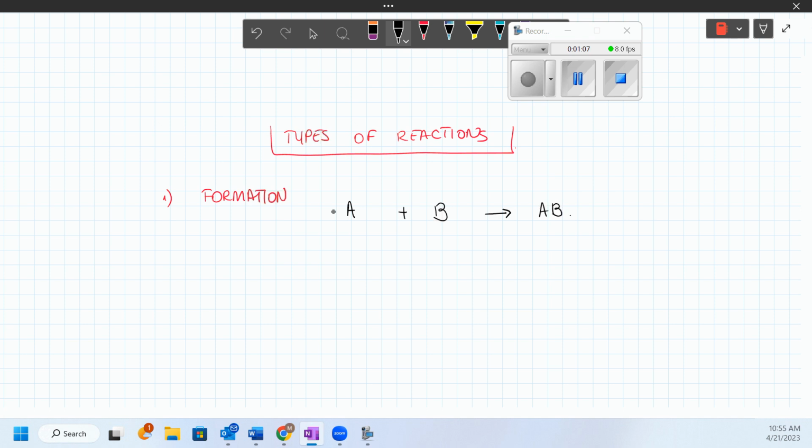An example for that will be, let's suppose, sodium and chlorine. Now, when they are combined together, it is sodium chloride, or in other words, the table salt that we use in our everyday life. And this is an ionic compound.